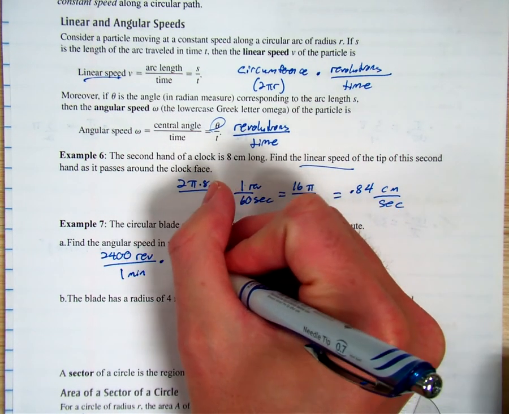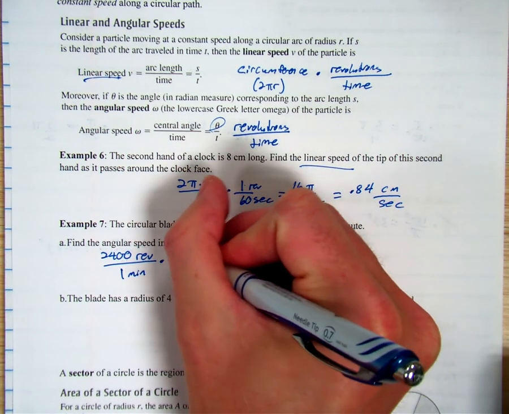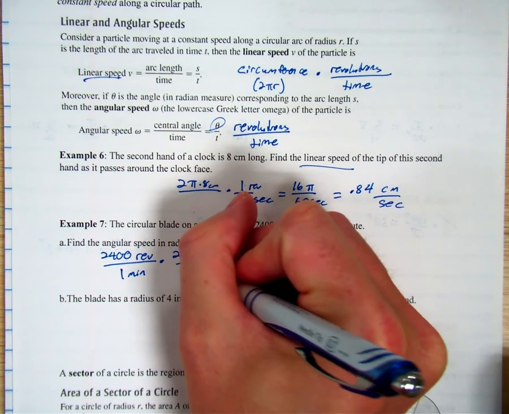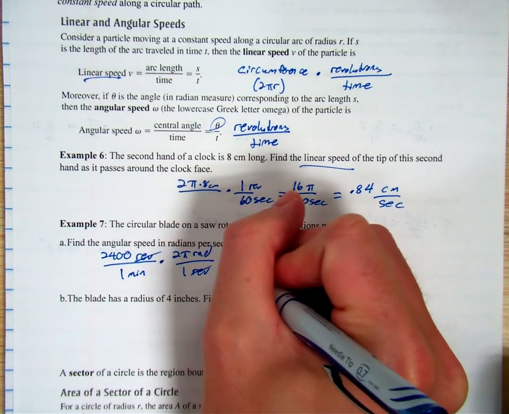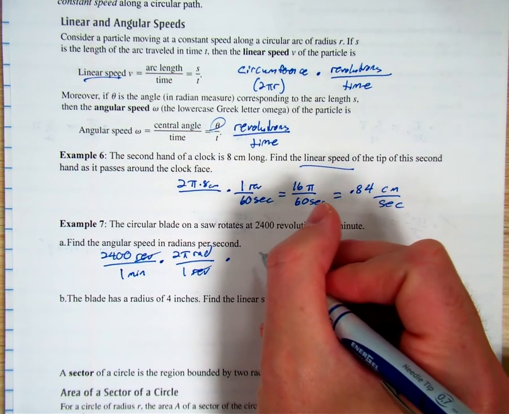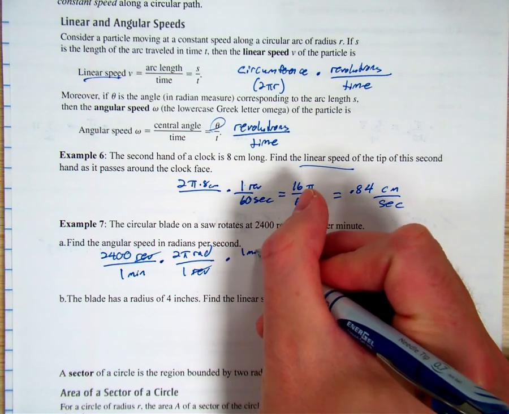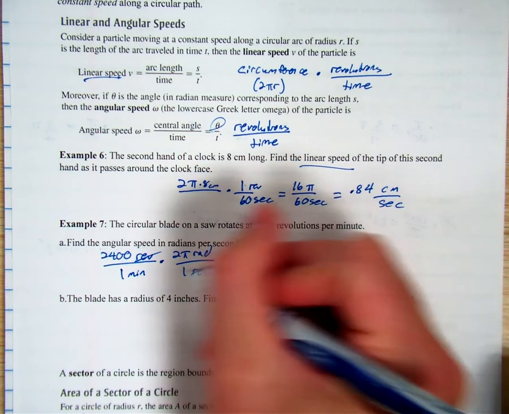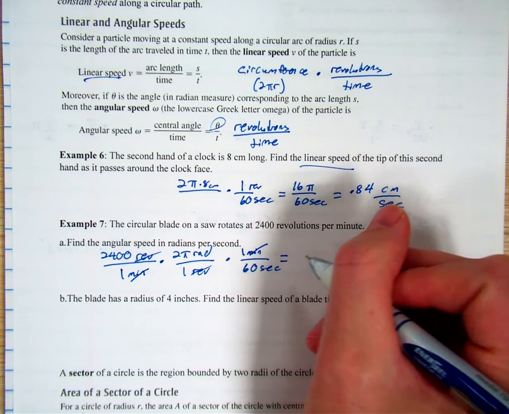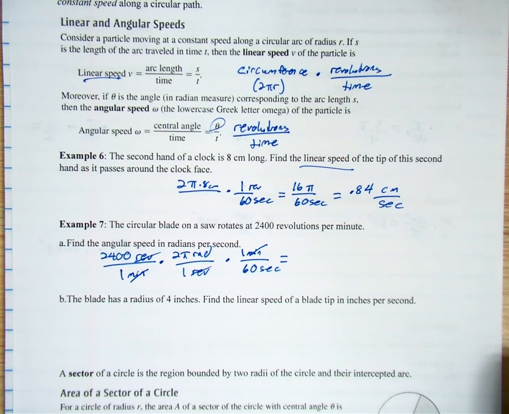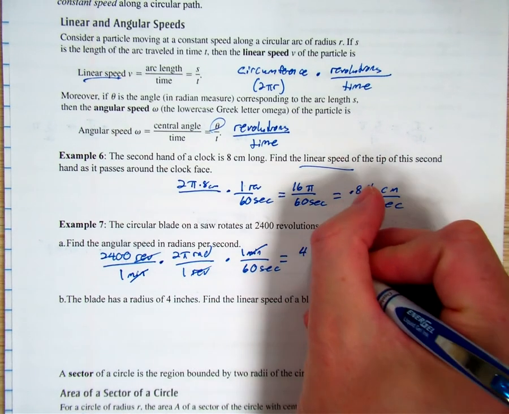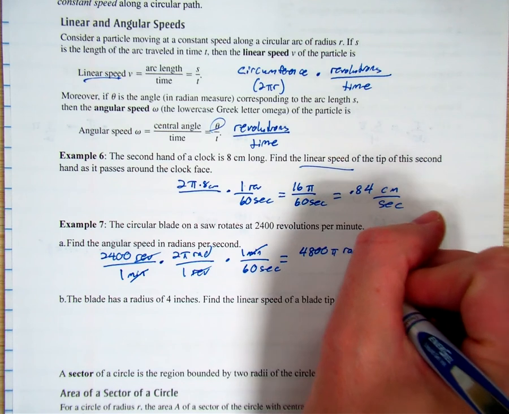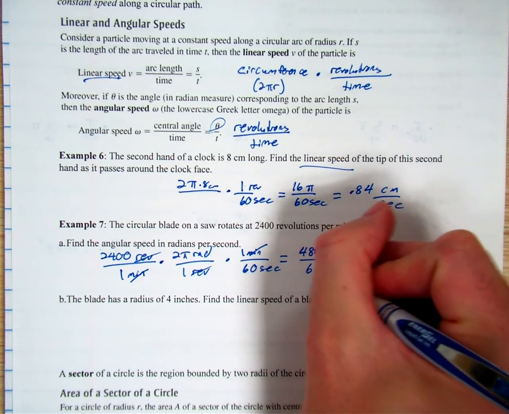So we have 2 pi radians in 1 revolution, and 1 minute per 60 seconds, so that the minutes would cancel out. So we would have 4,800 pi radians over 60 seconds.